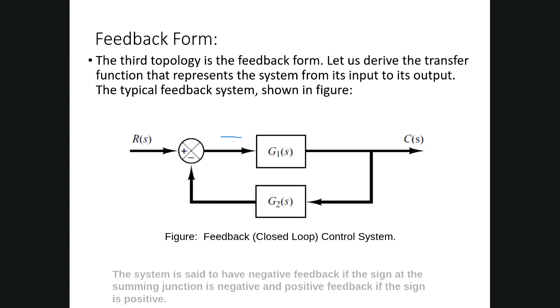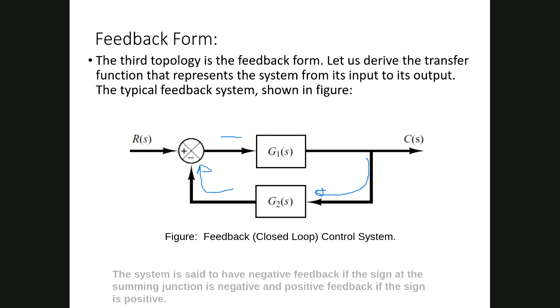It goes back through this feedback, and there is a minus there. So this system has a feedback. It is fed back here, and because of this minus sign, we say this is a negative feedback. Most of our feedback systems are negative feedback. We'll be seeing that.